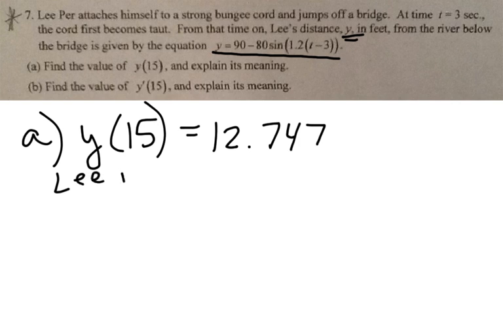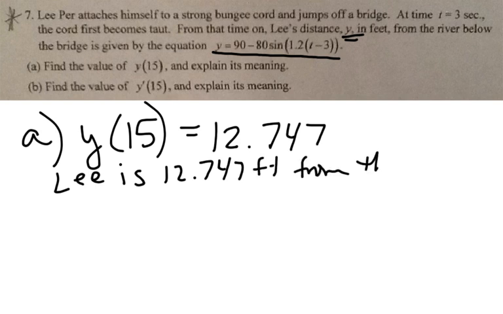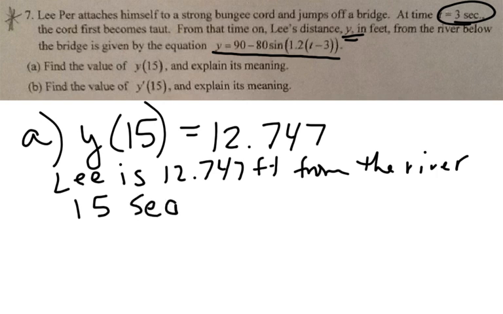So Lee is 12.747 feet from the river. 15, time is in seconds, after this situation begins when the cord first becomes taut. No, because 3 seconds is when the cord first becomes taut, so it should be 15 seconds after he jumps.